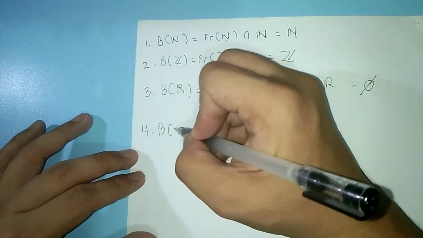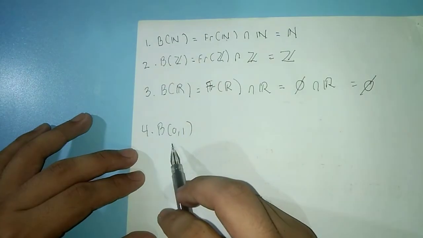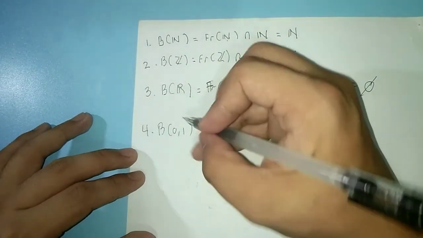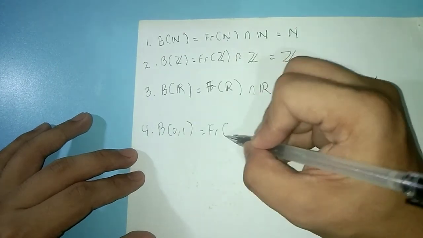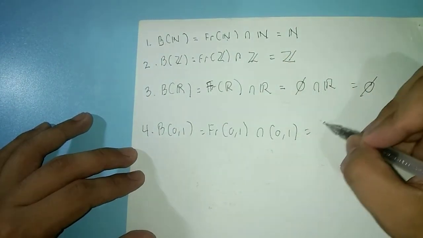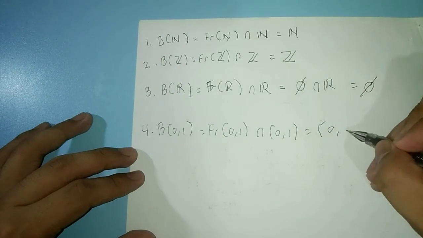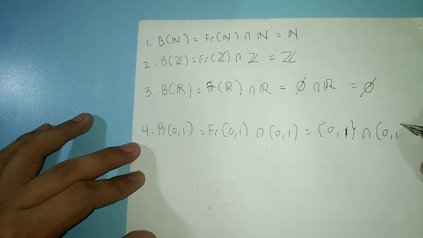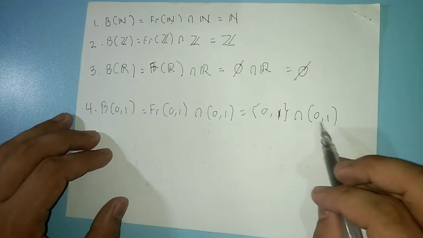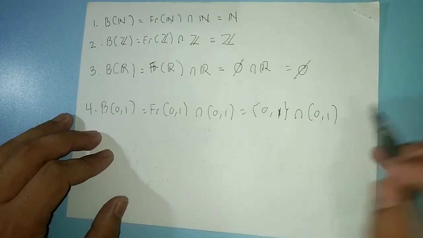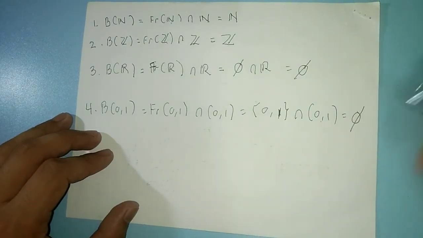Next, boundary ng open interval 0, 1 is equal to frontier ng 0, 1, intersection 0, 1, and that is the set containing 0, 1, intersection 0, 1. Kung matatandaan nyo sa interval, hindi kasama yung 0 and 1 dito, kaya kapag pinag-intersect mo yan, that is empty.